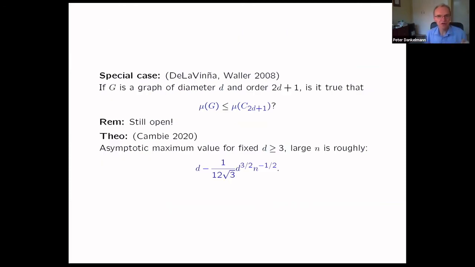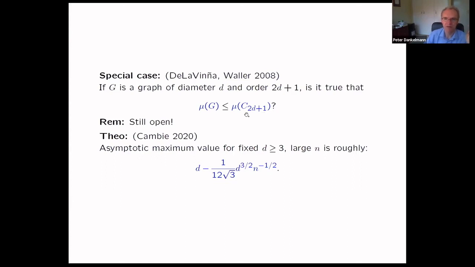And just to give you an idea of how difficult this problem is, after years of trying, Delavinia and Waller in 2008 said, okay, let's look at a vastly simplified version of this. If I tell you that I have a graph of diameter d and order 2d plus 1, is the cycle C with 2d plus 1 vertices the worst of those graphs?